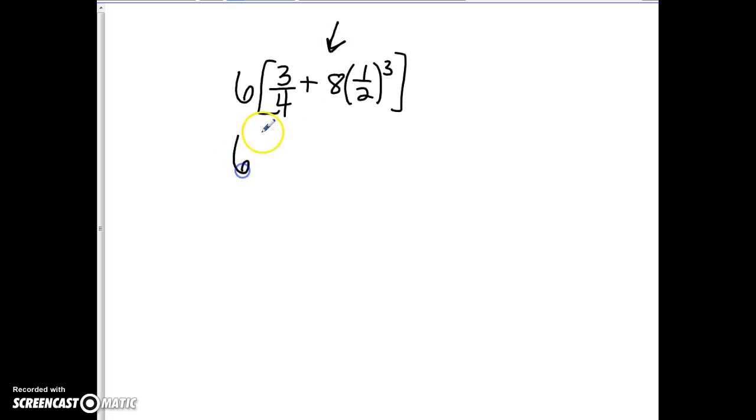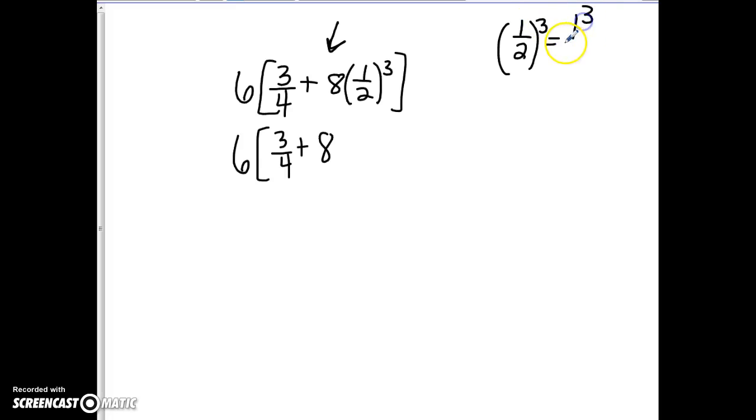Okay. So I'm just going to bring that 6 down. And then in the brackets, I have over here 8 times 1/2 to the 3rd power. So that exponent, 1/2 to the 3rd power, is going to be my next step. Now 1/2 to the 3rd power, I'm going to do this off to the side here. Remember the rule about exponents.